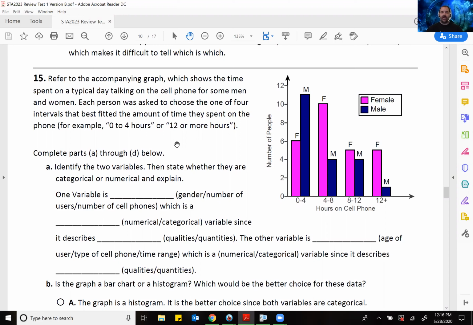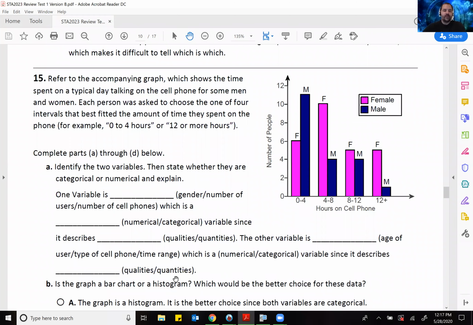They had them answer in intervals, and that's what makes this categorical. And then again, since it describes qualities or quantities, it's a quality again. Everyone good on that? Yes.